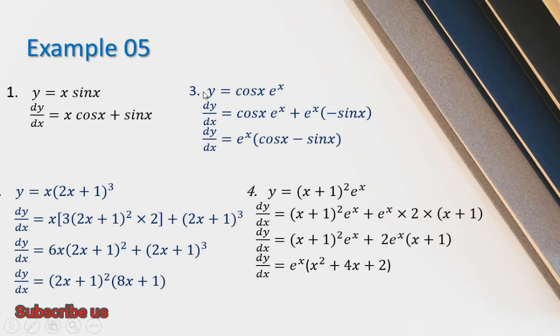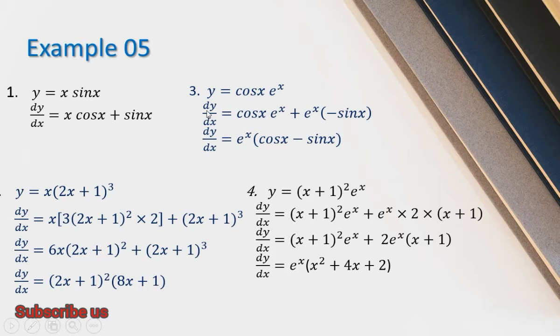Okay, third one, y equal cos x times e to the power x. Cos x and e to the power x are different functions. E to the power x is not the angle of cos.